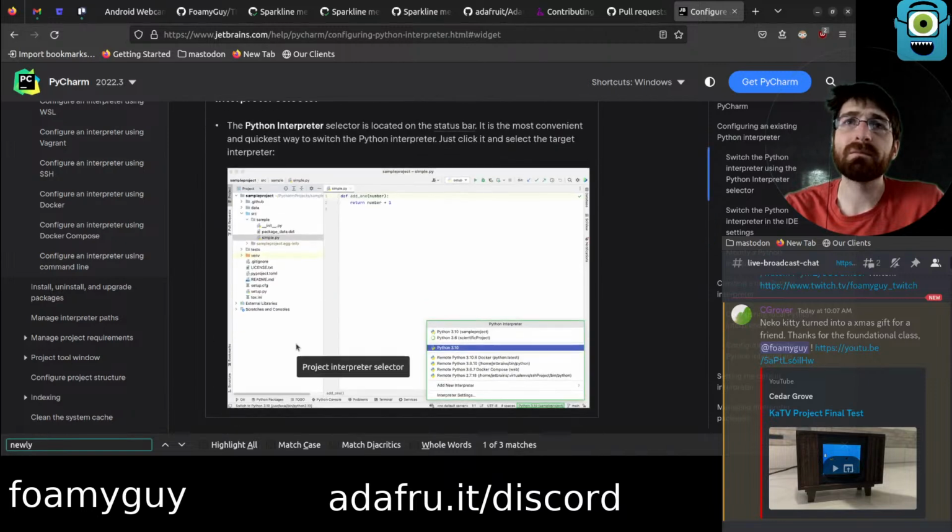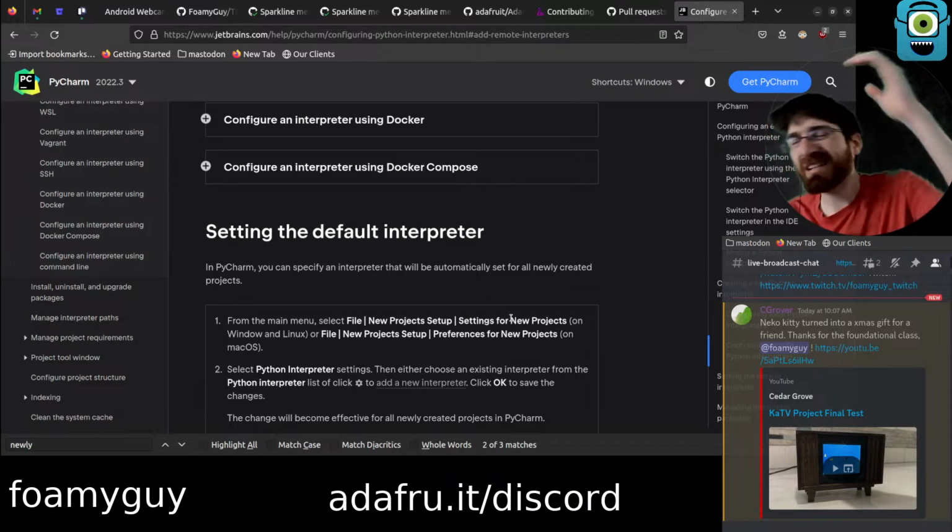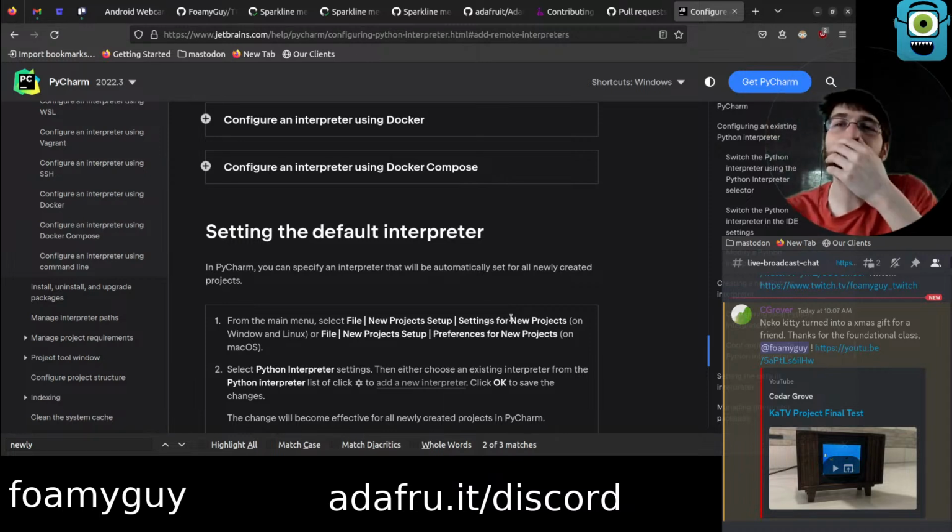Really, is it a new project if you cloned it and opened it? I guess it is, from PyCharm's perspective.